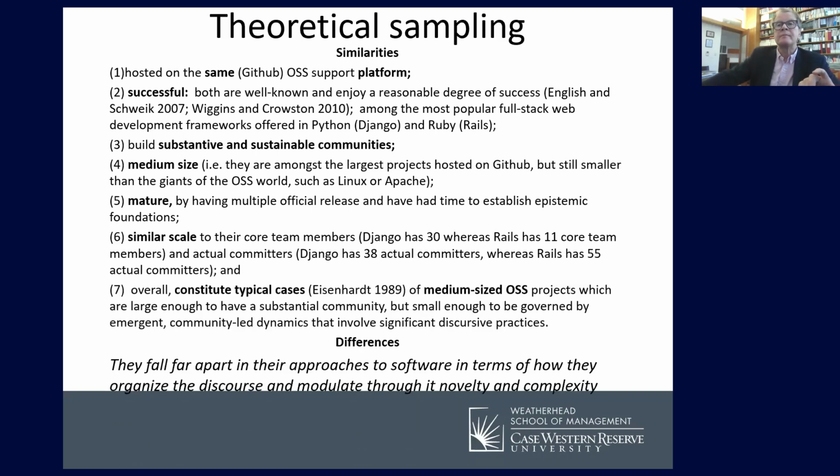The difference is largely that they fall apart in their approaches to software and how they organize and modulate the discourse, how they approach the novelty and complexity at the overall artifact level.